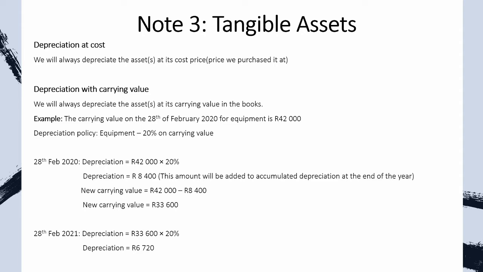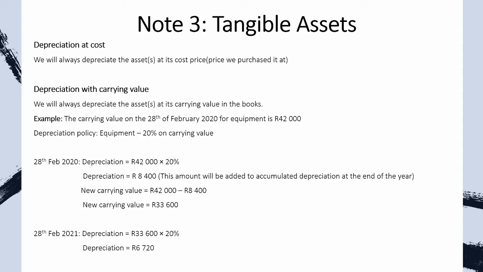The carrying value on the 28th of February 2020, so our financial year ran from the 1st of March 2019 to the 28th of February 2020, for equipment is 42,000. The business has a depreciation policy for equipment, and it depreciates at 20% on carrying value.